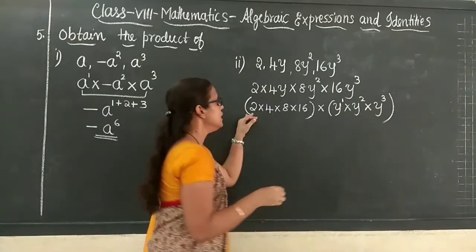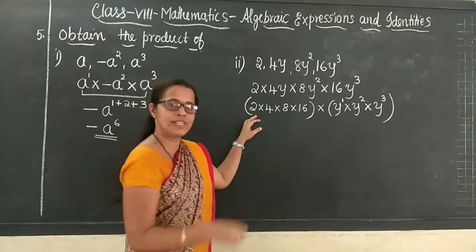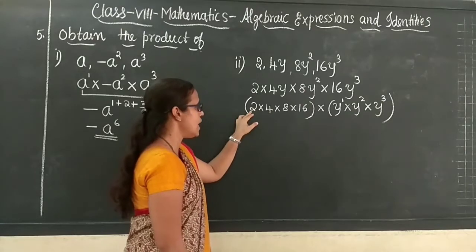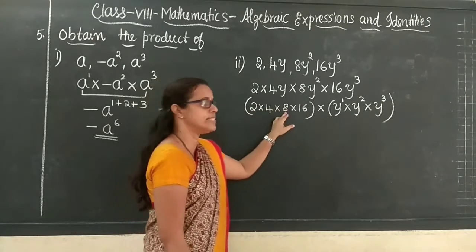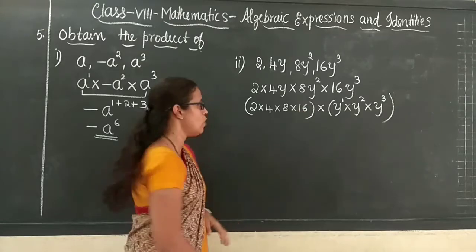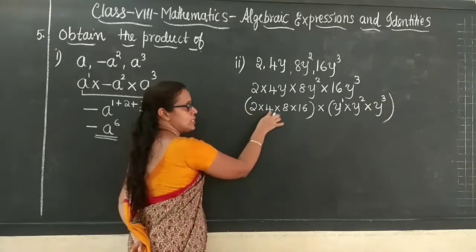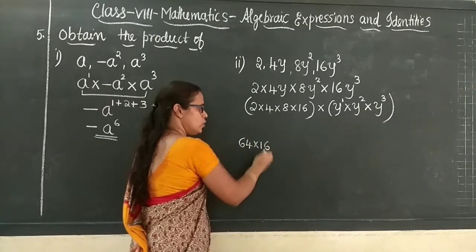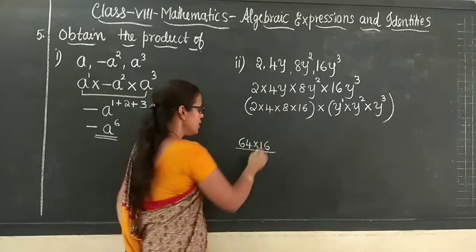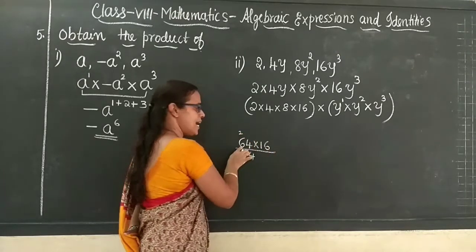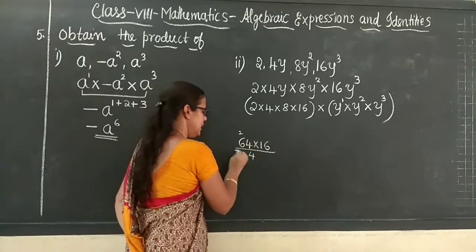Okay, so now see here, these are the coefficients. Can we multiply this, children? Yes, see here. 2 4s are 8, 8 8s are 64. 64 into 16, how can I multiply that? 6 4s are 24, 2 carry. 6 6s are 36, 37, 38.